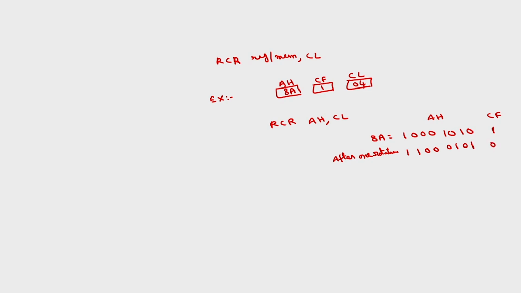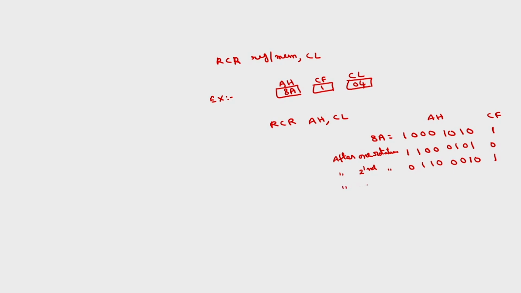This is after one rotation. After second rotation, again this carry flag will come here, 0 1 1 0, and all these bits will be shifted, so 0 1 1 0 0 0 1 0, this carry becomes 1, this 1 will be shifted to here.